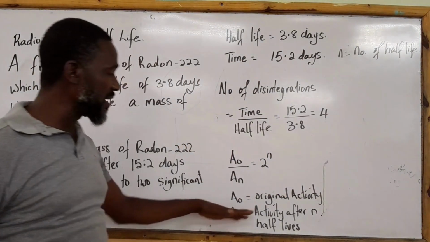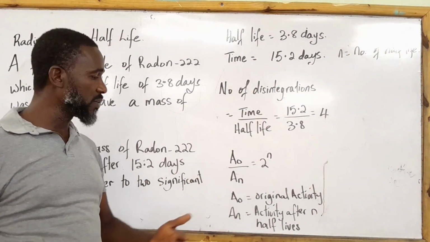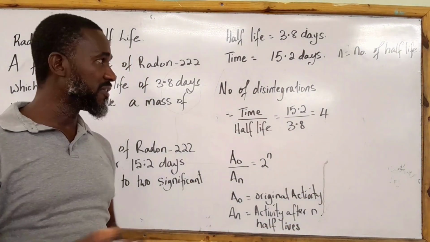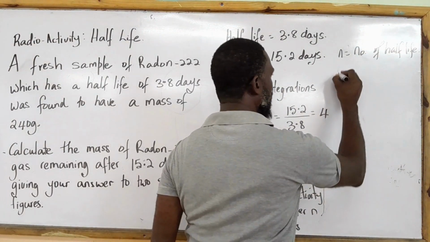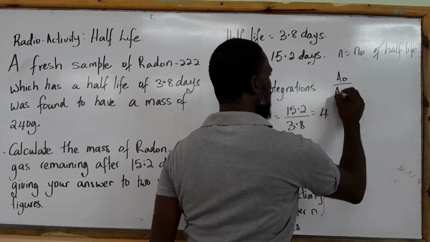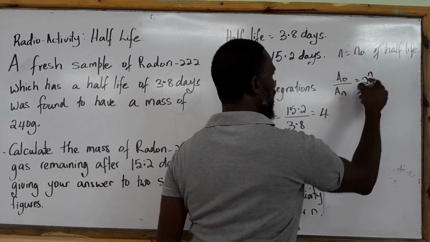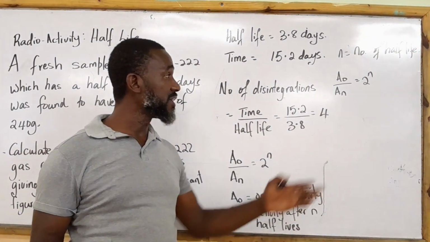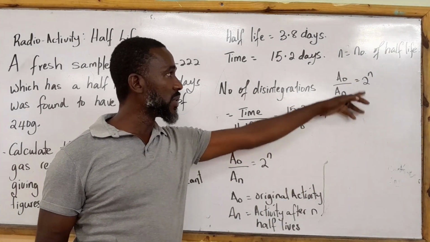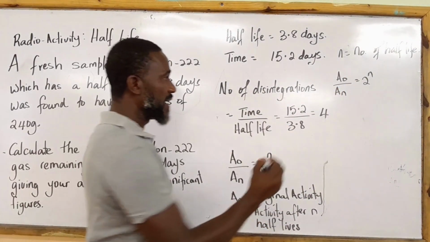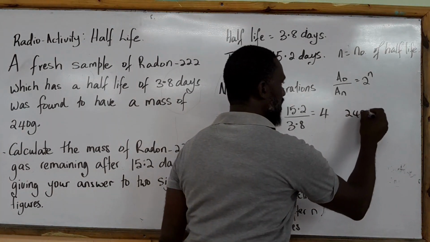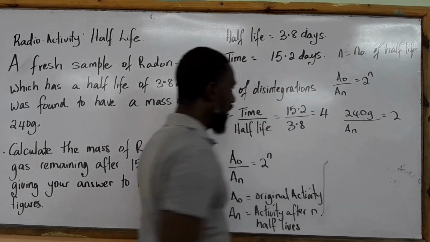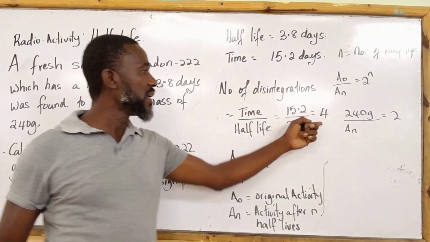So let us just plug the values that we have got into this equation, to see if we are going to get the same value as we did before. A0 over An is equal to 2 raised to the power n. You can go back to that introductory video and look at this formula again. So we have 240 grams, because that's where we started, divided by An is equal to 2 to the power of 4, since we just worked out that the number of half-lives is 4.